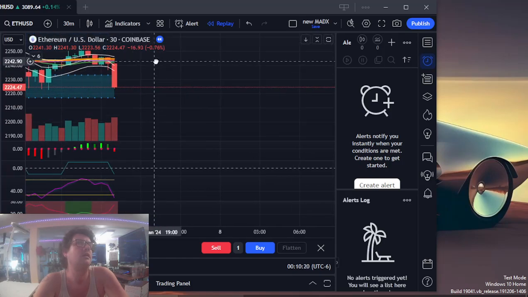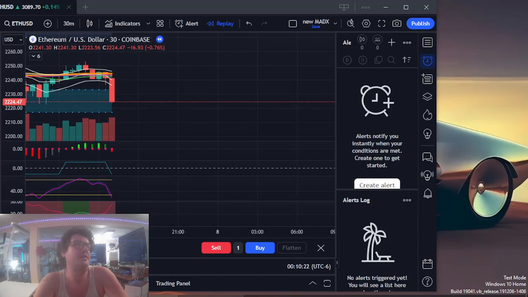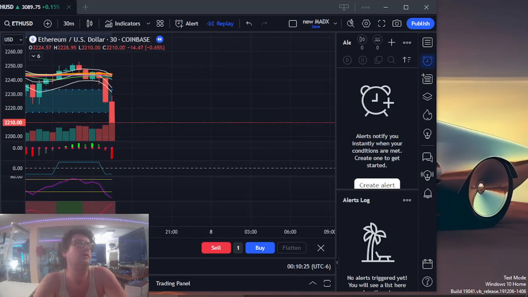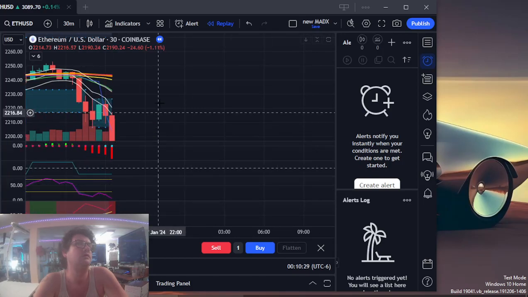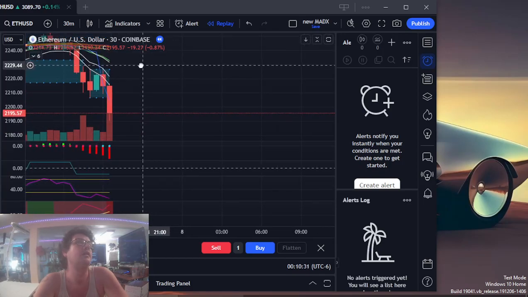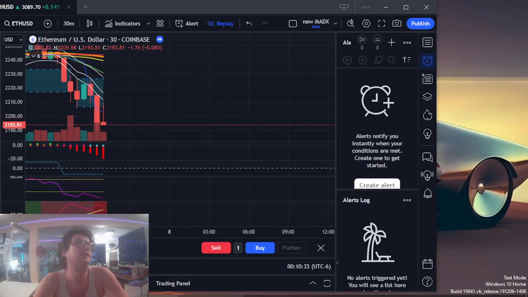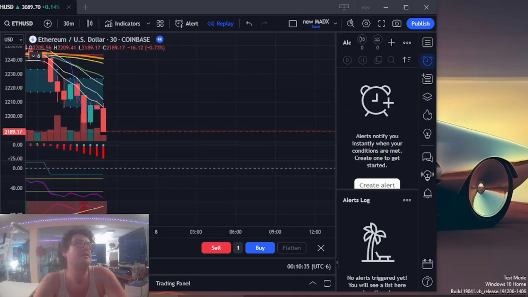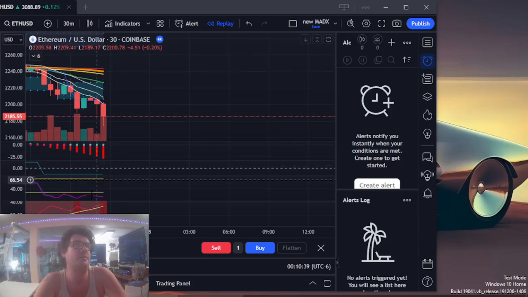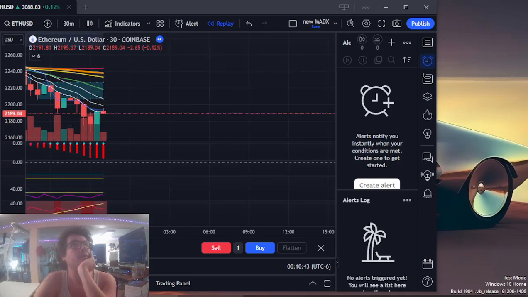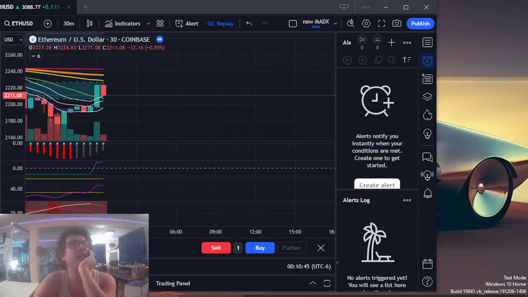It's in the supply-demand zone. There's probably some kind of strategy you can build about breakouts of supply-demand zones. I bet you could build a pretty good strategy around that.